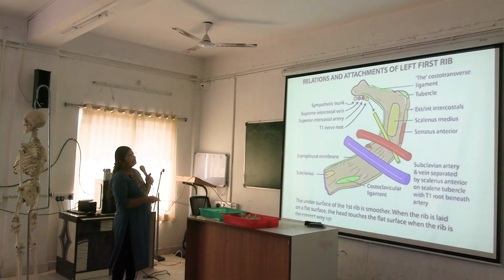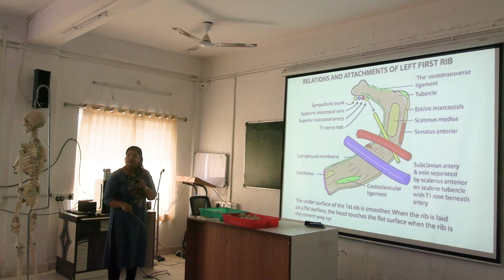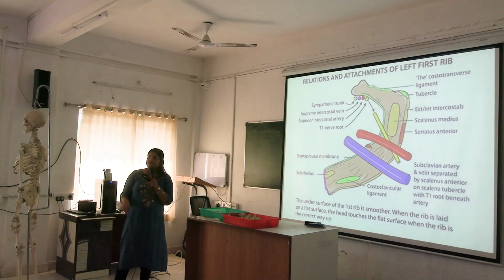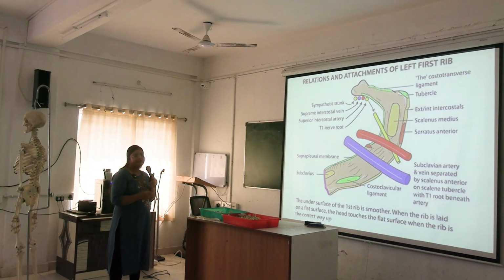And along the inner border there is attachment of the suprapleural membrane or Sibson's fascia. From the inner border of the rib, the upper part of the lung, called the apex of the lung, rises from this level above. This apex of the lung is covered by the suprapleural membrane, which is attached along the inner border of the rib.